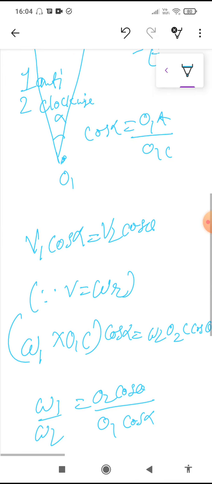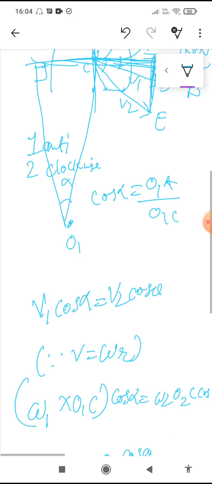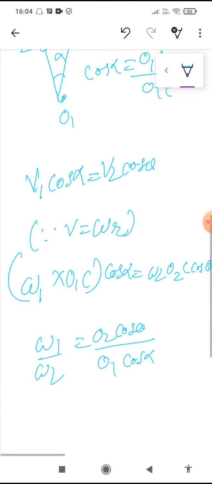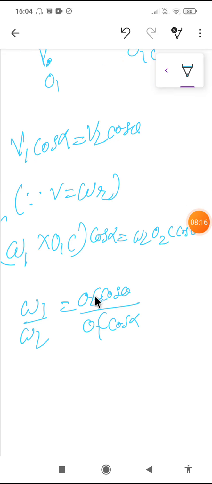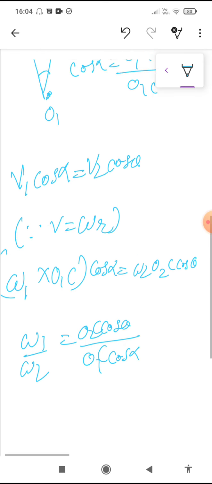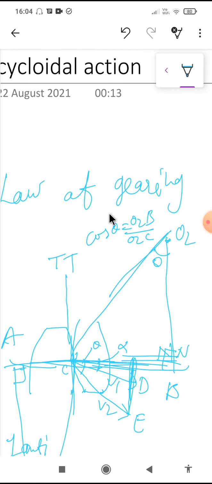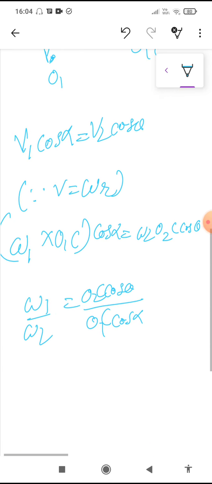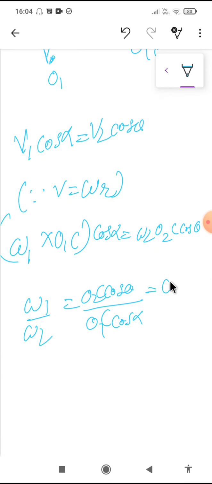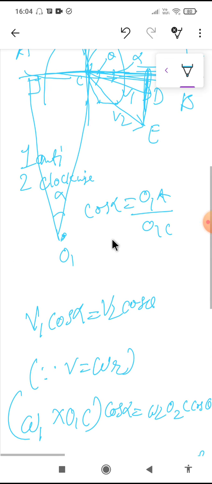So what we can write here is O2C cos theta and O1C cos alpha. So what is O2C cos theta? O2C cos theta is nothing but O2B. So here I can write that is O2B. And O1C cos alpha, what is it? O1C cos alpha is O1A.